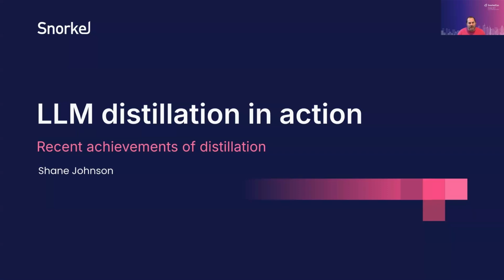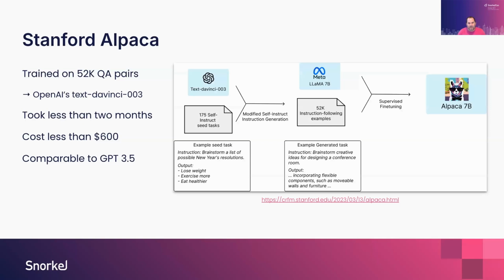Before I turn it over to Charlie, I wanted to highlight just two places where we've seen this in practice. One of the earliest examples was Stanford's Alpaca. So essentially, they took the latest GPT-3 model that was available, and they generated, you can see 52,000 QA pairs, right? So kind of using it for self-instruct, generating this training data.